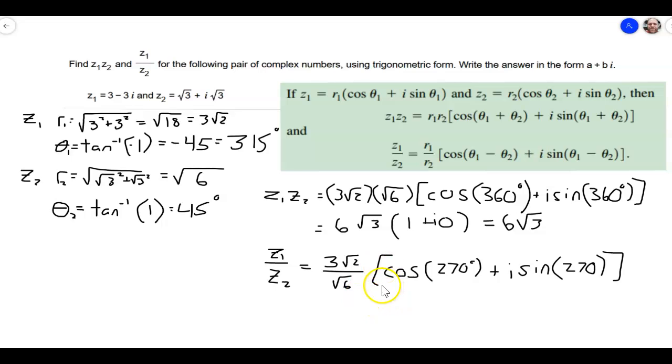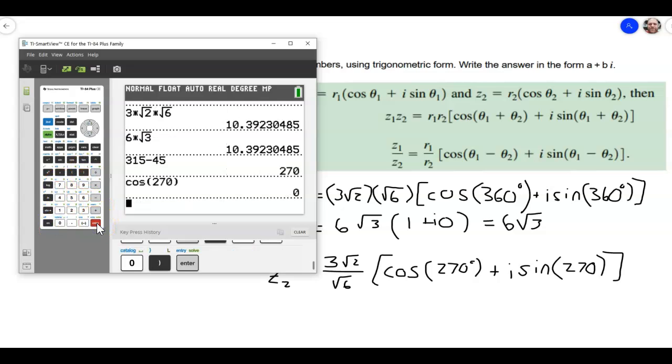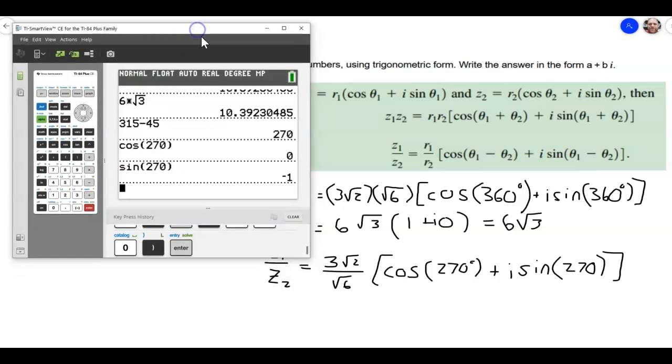And what is the cosine of 270? Well, cosine of 270 is 0, and the sine of 270, if you don't feel like looking at your circle, is -1. The 270 is the one that points straight down.